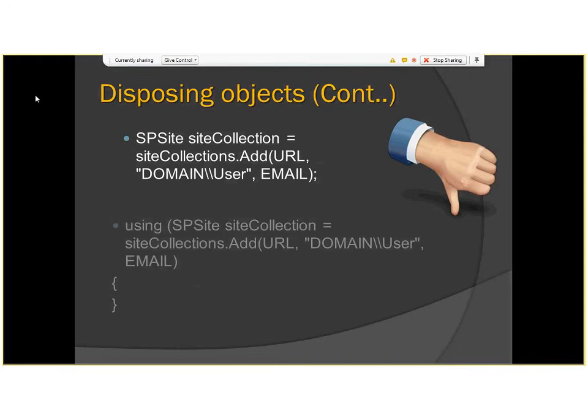If I have to create a site collection, I will use the using scope, and in the using scope I will use SPSite collection is equal to site collection.Add, and in the parameter list I will pass the URL, the domain user, the user of the site collection administrator, and the email address of that user.